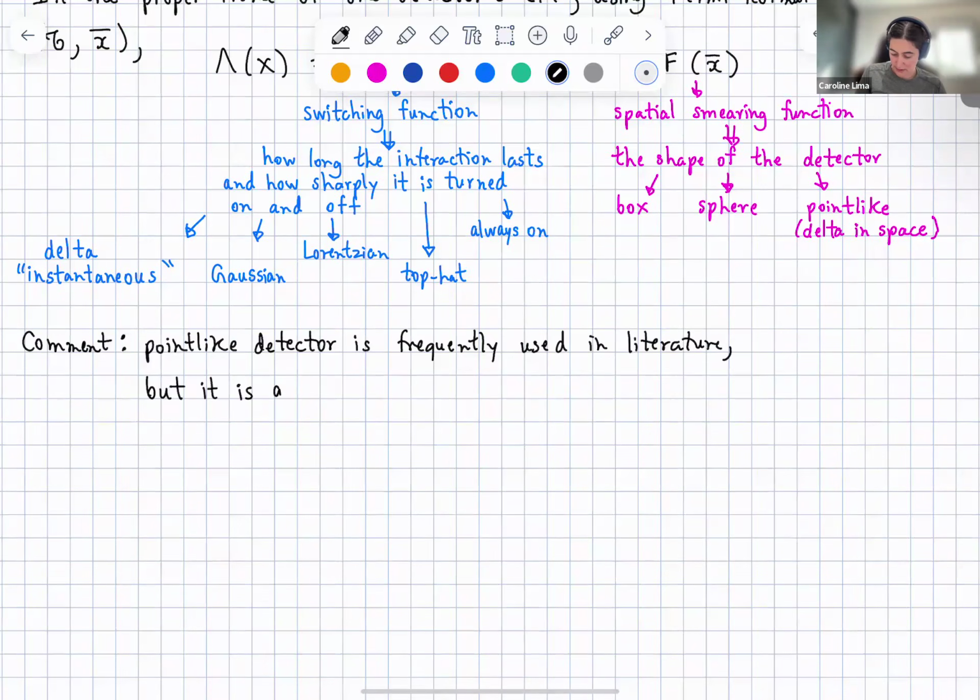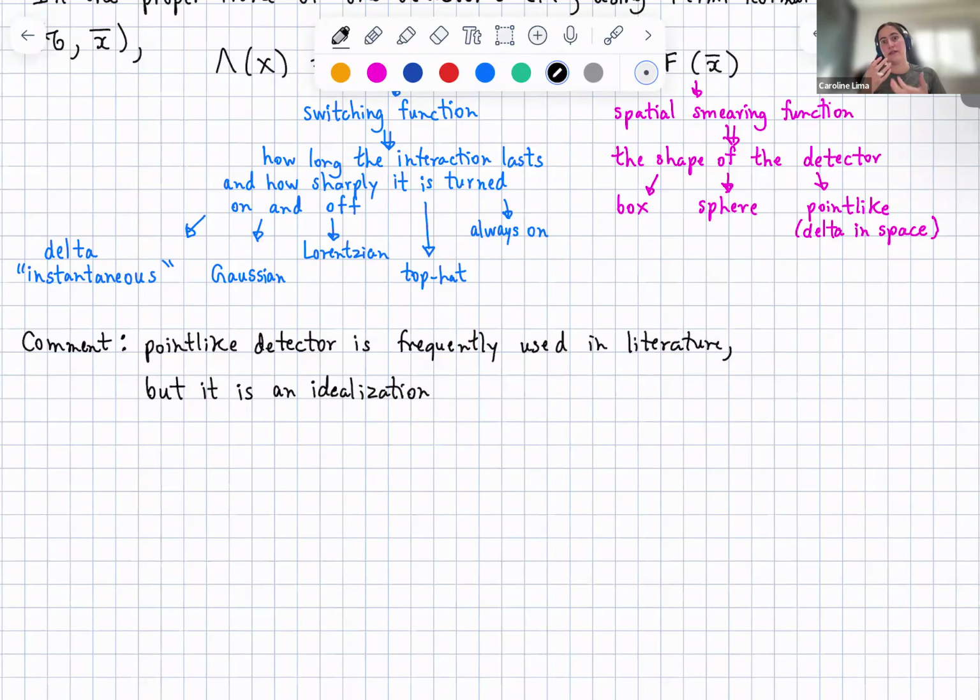So the proper way of thinking of a point-like detector would be as a limit of some detector that has a finite size when the size shrinks and goes to zero. So I would think of a sphere and then just take the radius to zero.